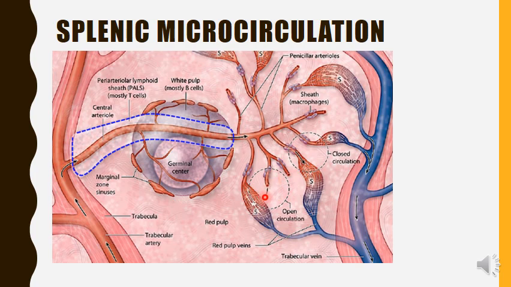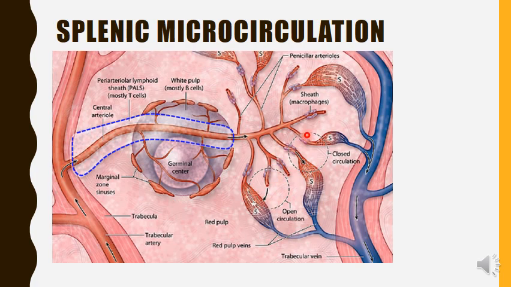From here the blood enters the sinusoids through the minute slits in their walls, and then again goes into the venules and the veins. So this type of circulation is called open circulation.